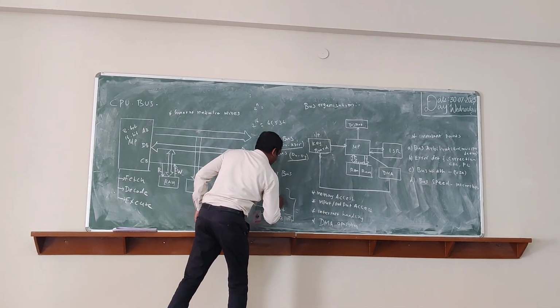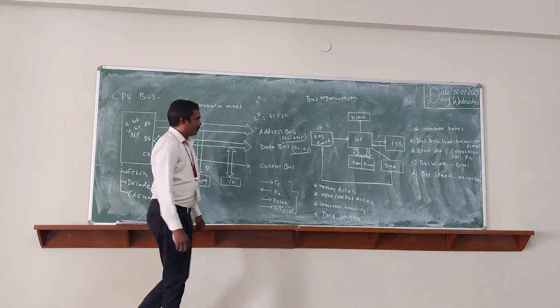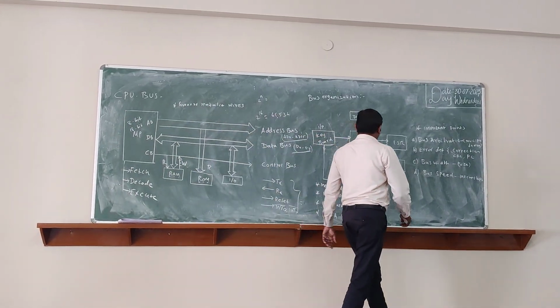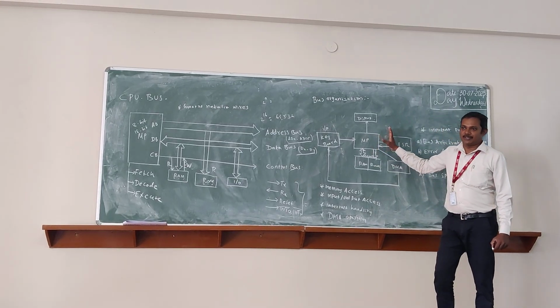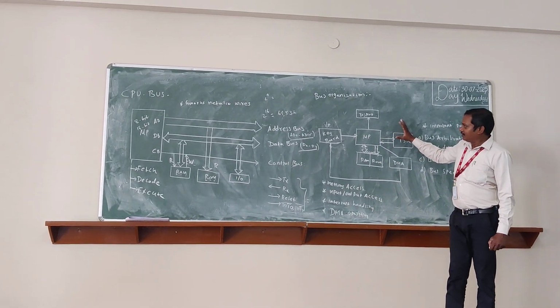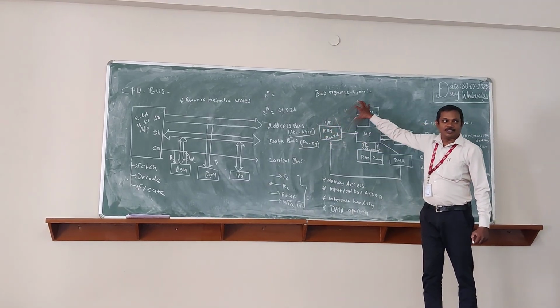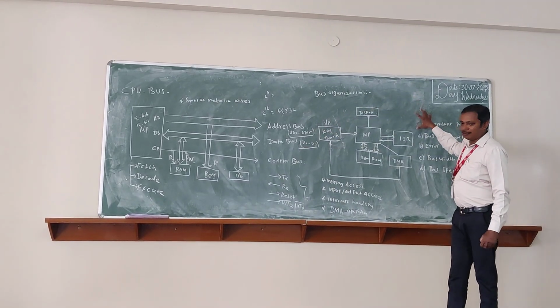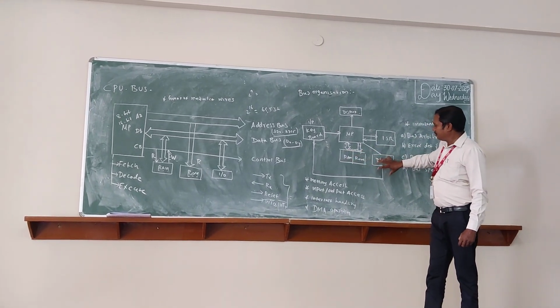So these are a few examples for buses. So in simple words, a bus is a group of metallic wires. In school days, we used to study the computer subject, computer organization. The core will be a microprocessor. We have keyboard, we have display, we may have printers, then we may have memory, then DMA.